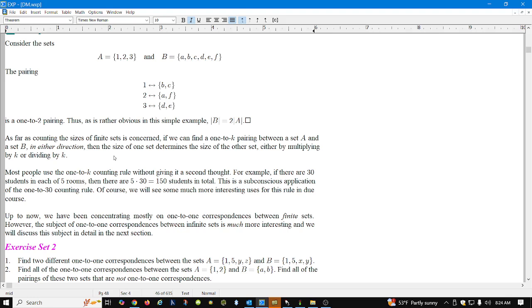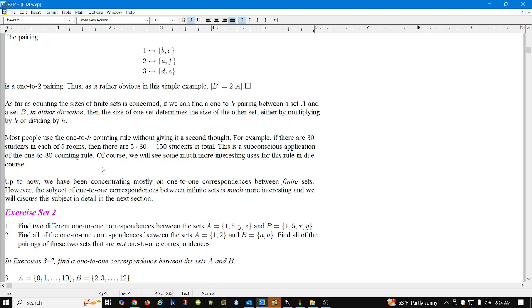So, for example, if there are 30 students in each of 5 rooms, there are 150 students. Okay. This is an application of the 1-to-30 counting rule. On the one side are the 5 rooms. Each one is matched with or paired with a group of 30 students. So you multiply the size on the one side, namely 5, by the size of the blocks, 30.